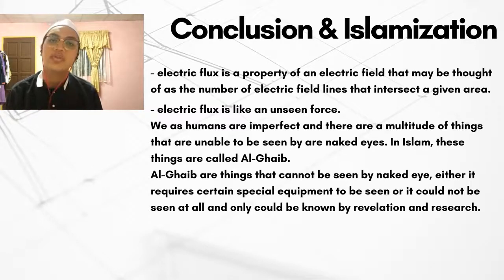So we should believe in al-ghaib in any ways possible. And actually, Allah is the knower of al-ghaib. He knows everything about it, and it's very easy for Him to see, compared to us humans who can't see it at all. And sometimes we can see it, but with the aid of what we call special equipment.